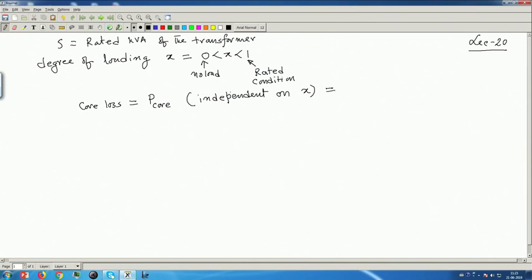That is, it is constant no matter whether no load or full load, and this P core can be obtained, it is equal to the wattmeter reading of the no load test.